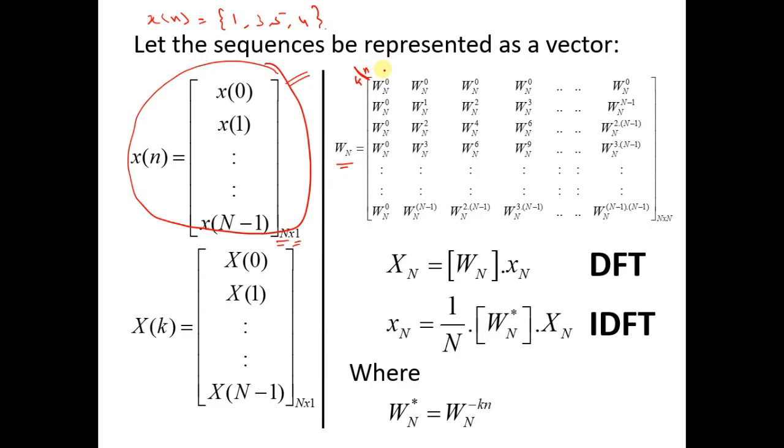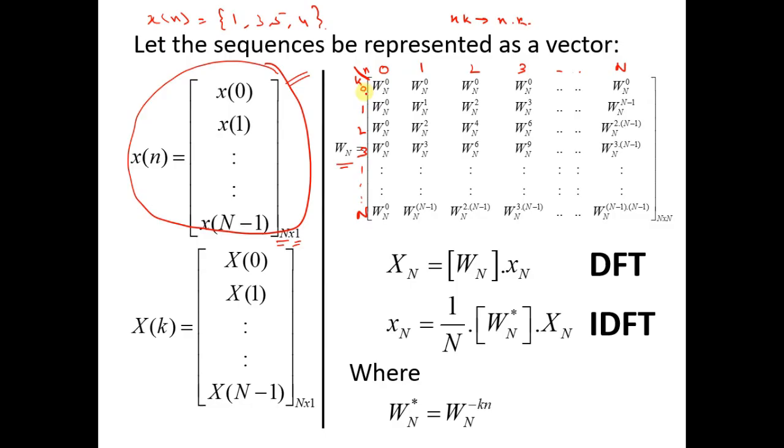So we'll be having 0, 1, 2, 3 up to capital N. Similarly, the k values would be 0, 1, 2, 3 up to capital N. Now, how is this nk value calculated? nk is nothing but the multiplication of n and k.